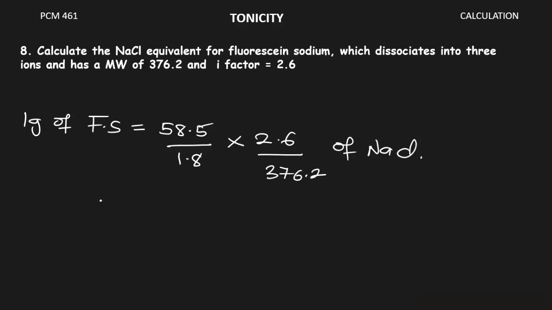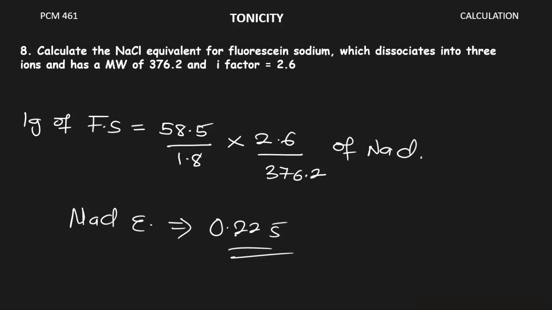That is the sodium chloride equivalent. So in this case, calculate. What would that give you? 0.225. So that is the sodium chloride equivalent of fluorescein. So 1 gram of fluorescein is equivalent to 0.225 gram of sodium chloride.